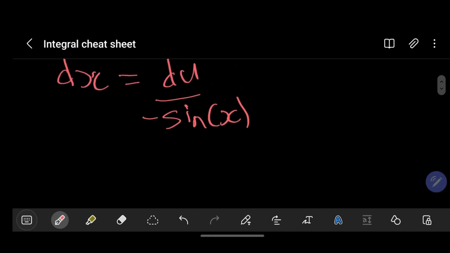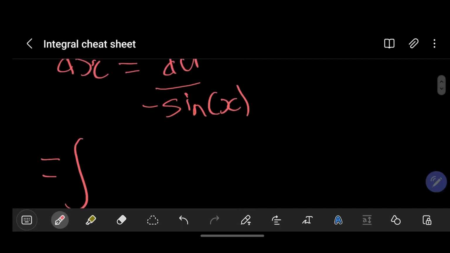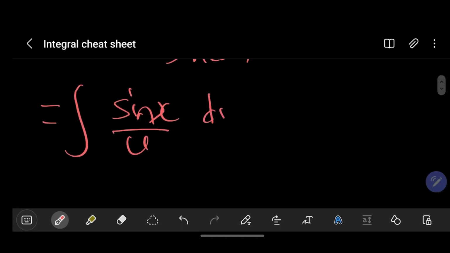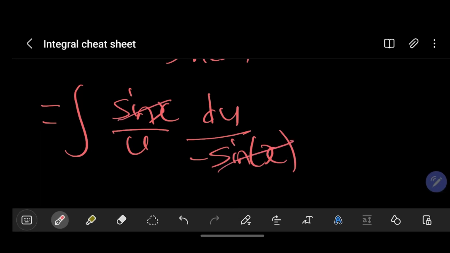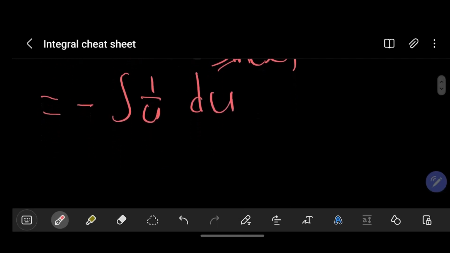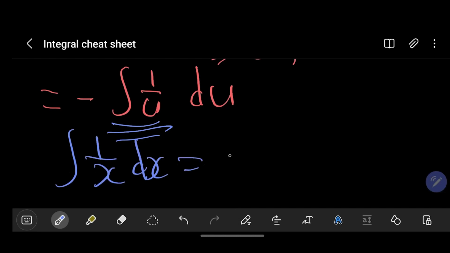So if we substitute back into the original, we'll now have the integral of sine of x over u times du over minus sine of x, and we can now see that the two sines of x can cancel out. So we now have minus the integral of 1 over u du, and at this point we know that the integral of 1 over x dx is equal to ln of x.